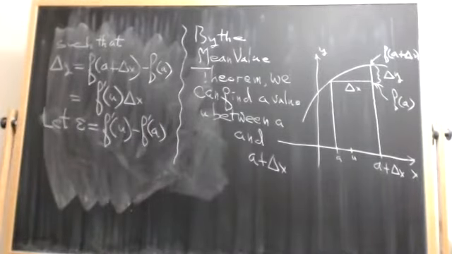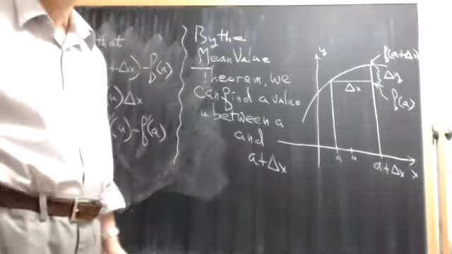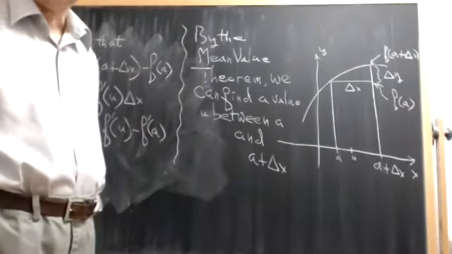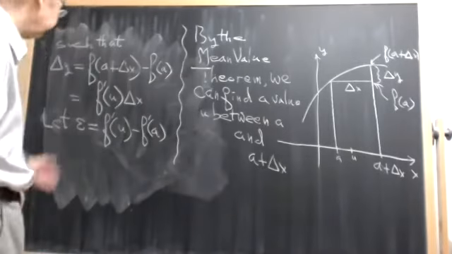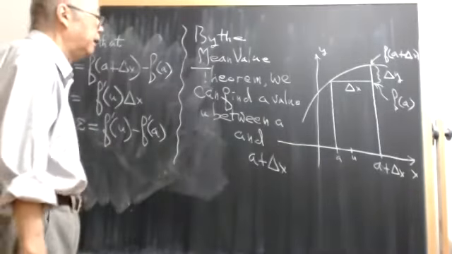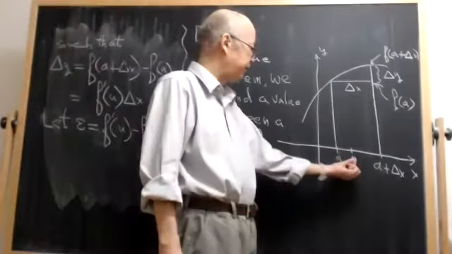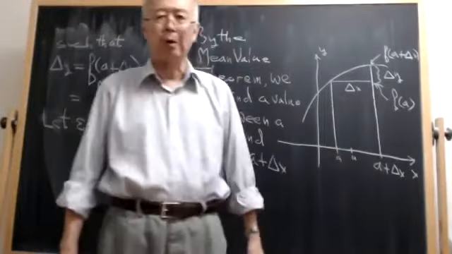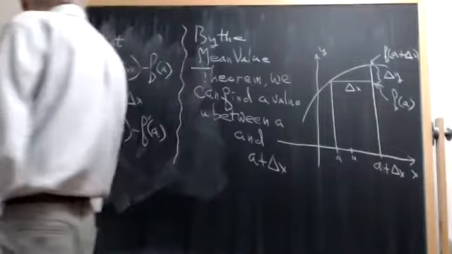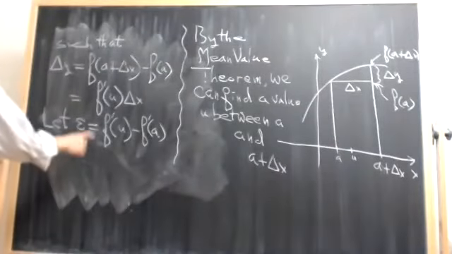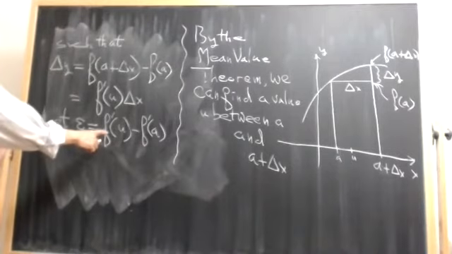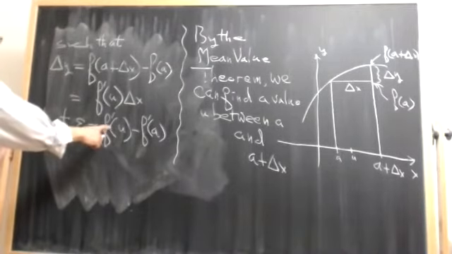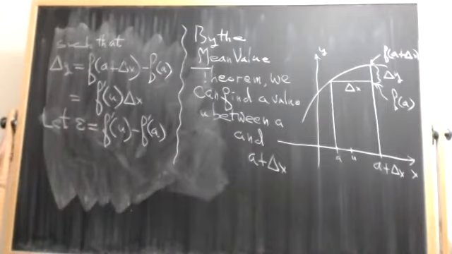This epsilon is different from the epsilon in the epsilon delta argument. This is just the distance between the derivative at u and the derivative at a. So, what can I do about this?